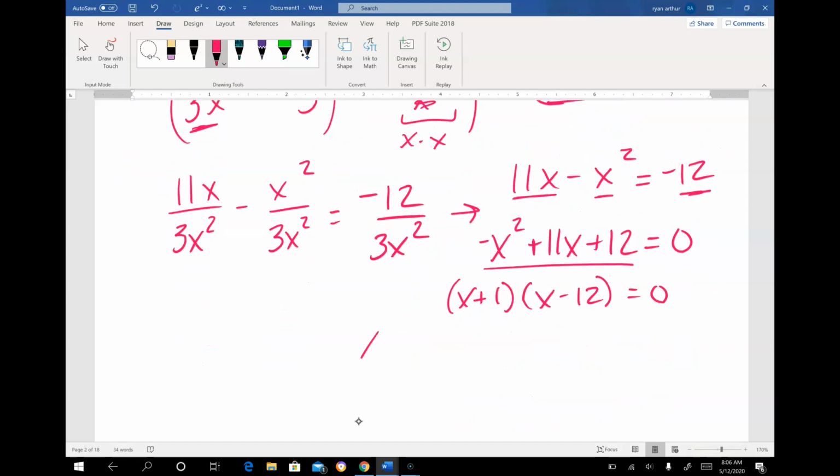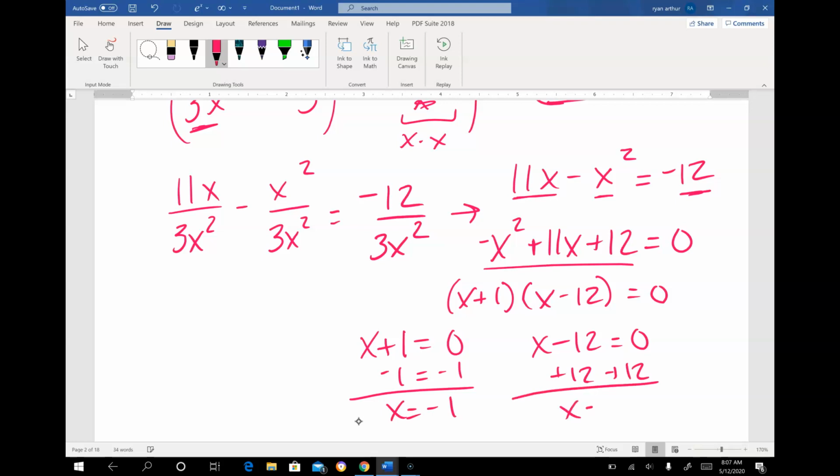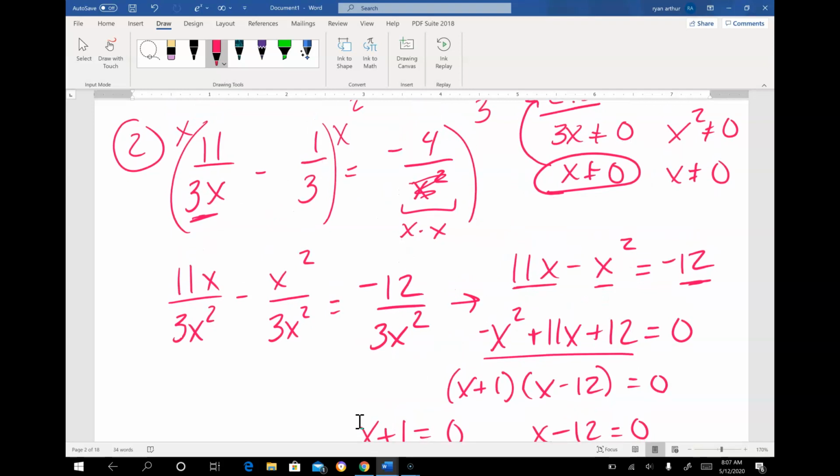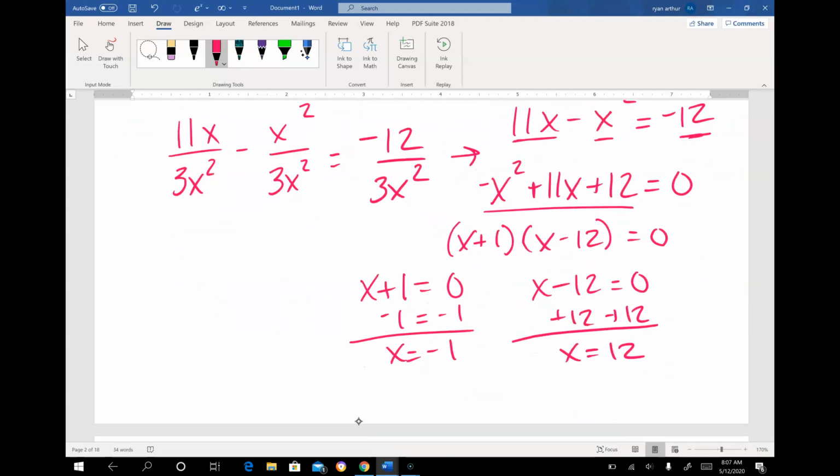So we have to say x plus 1 equals 0, x minus 12 equals 0. Solve it like you did in Math 2. Now, are any of those numbers 0? No. So, both of these are your answer. Okay?